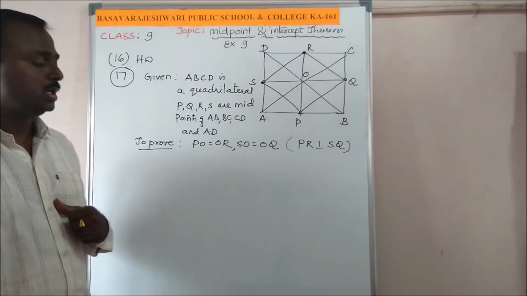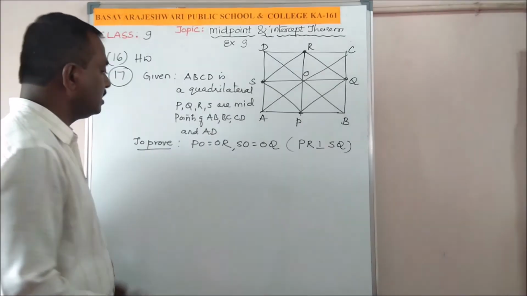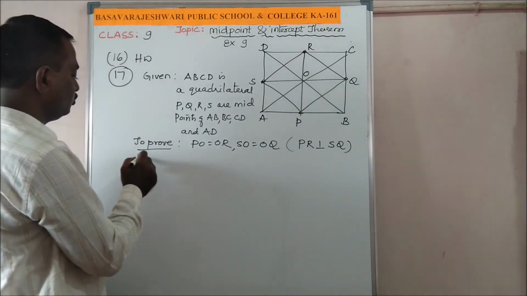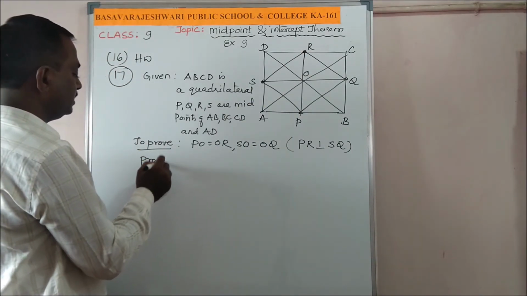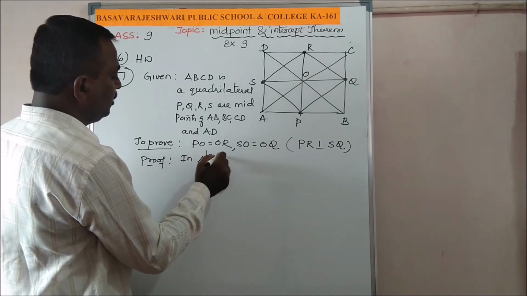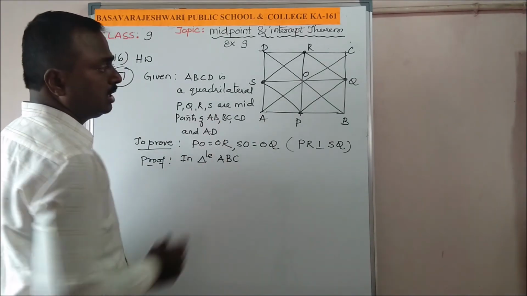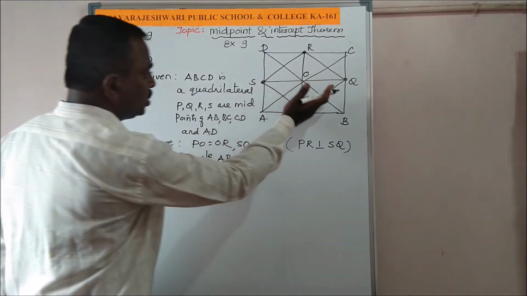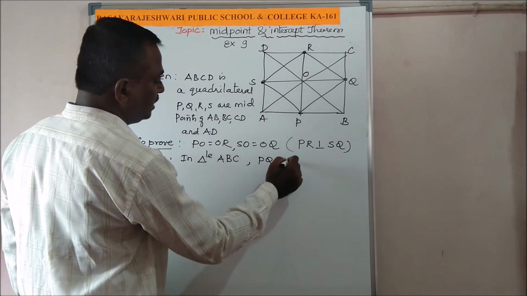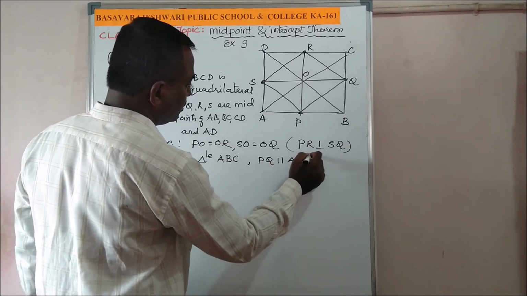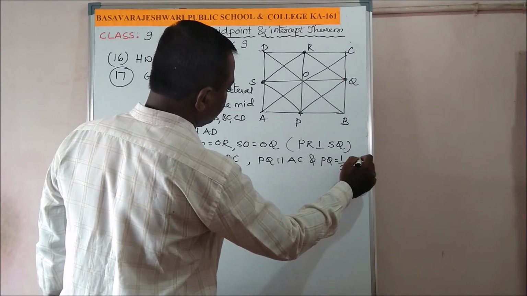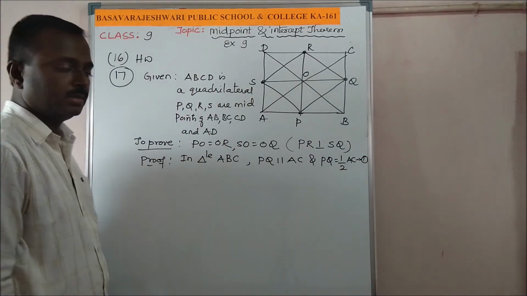Okay. Now we can consider triangle ABC. In triangle ABC, PQ is parallel to AC and also PQ is equal to half of AC by the midpoint theorem, equation 1.